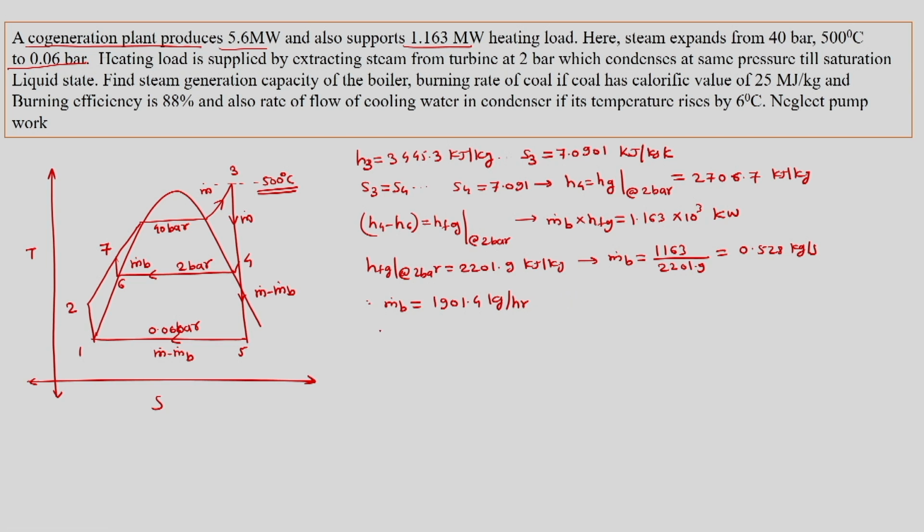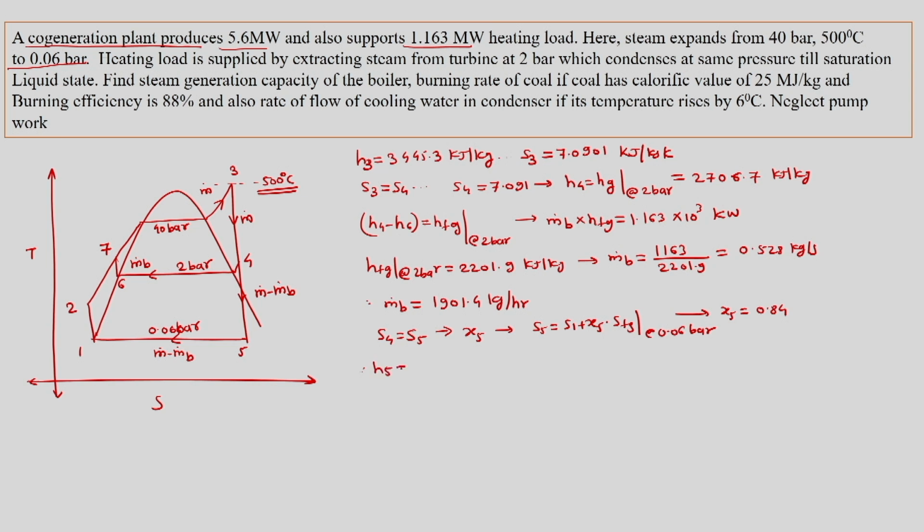Having said this, S4 is equal to S5, so this gives us X5, since S5 is equal to S1 plus X5 into SFG at 0.06 bar, and we get X5 equal to 0.84.